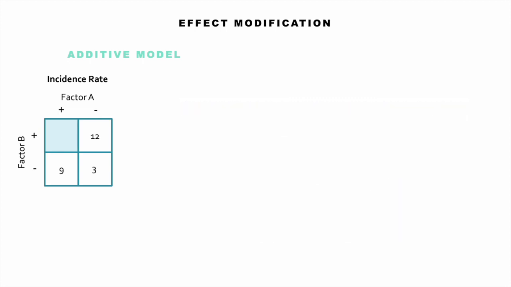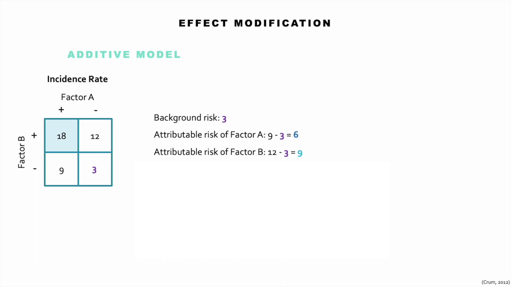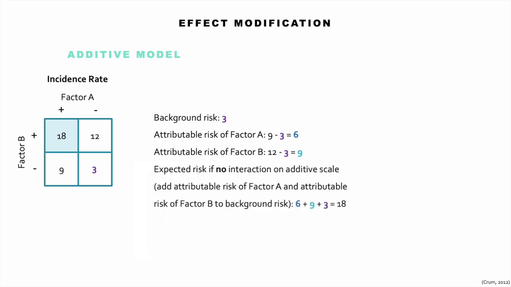On the additive scale, to find the expected attributable risk of factor A, we subtract 3 from 9 to get 6. To find the expected attributable risk of factor B, we would subtract 3 from 12 to get 9. Then to find the expected value if there is no interaction on the additive scale, we add the attributable risk of factor A to the attributable risk of factor B to the background incidence rate, in this case to get 18.